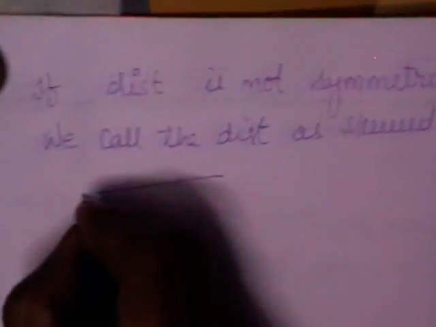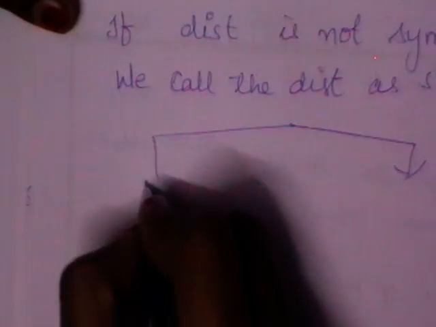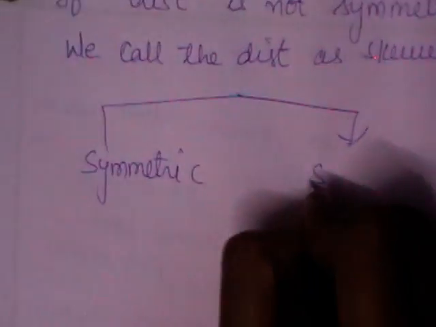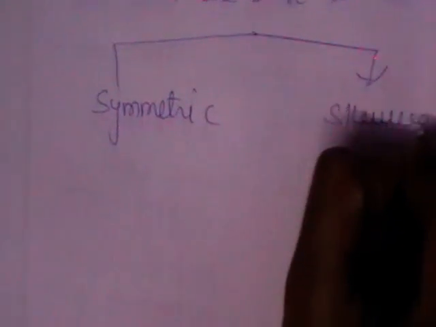That is, the distribution can either be a symmetric or a skewed distribution.